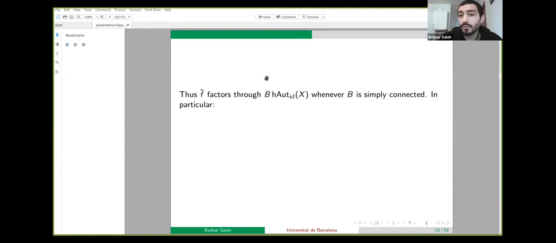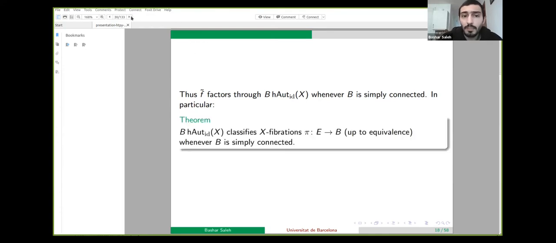This is not true if B is not simply connected. In particular, we can say that the classifying space of the identity component of the homotopy automorphisms of X classifies X-fibrations up to equivalence whenever the base space is simply connected.